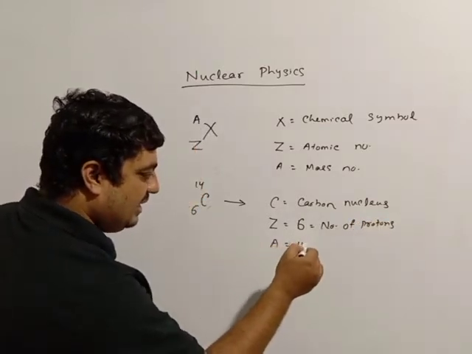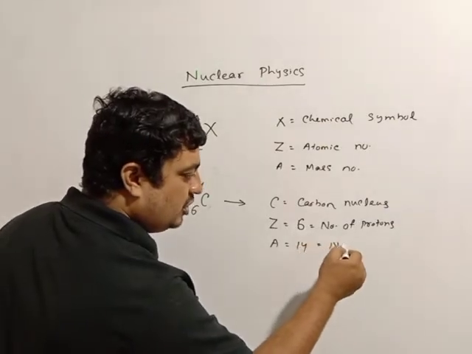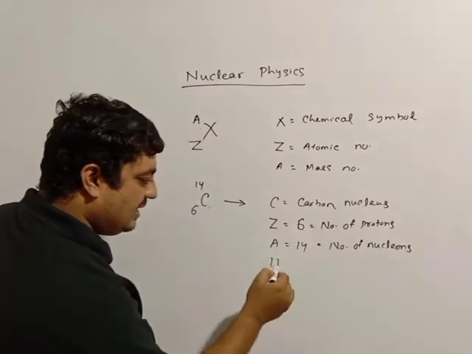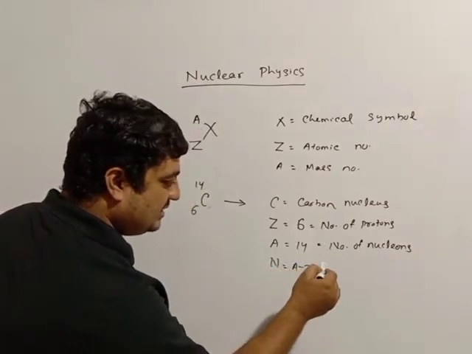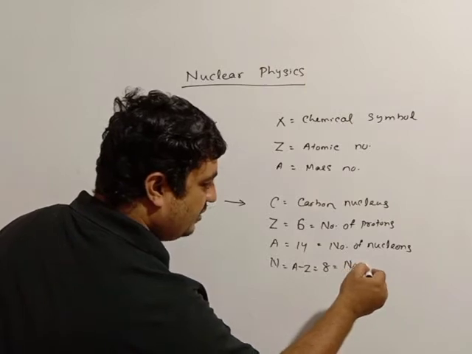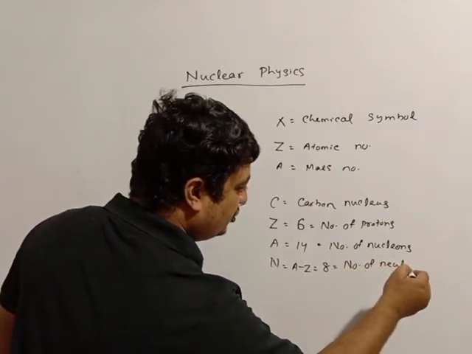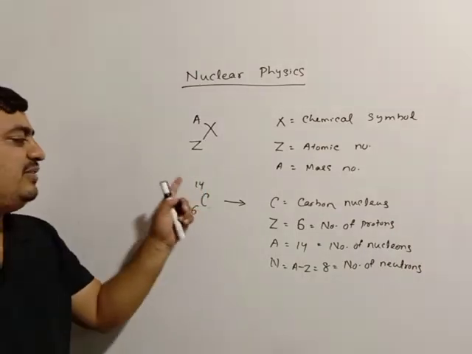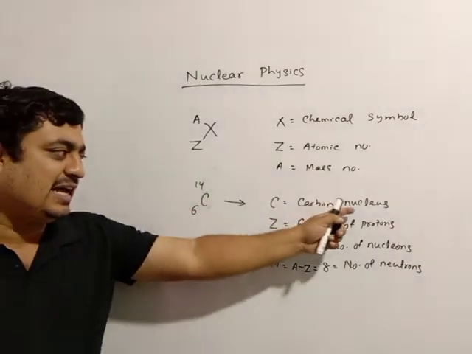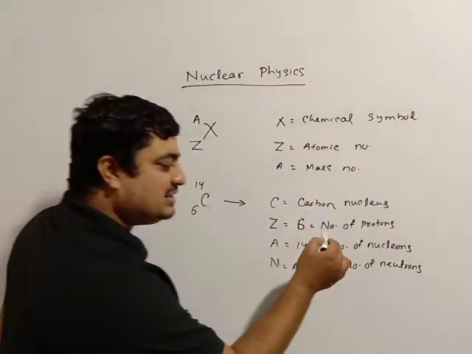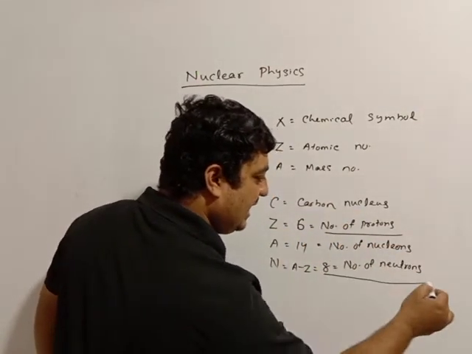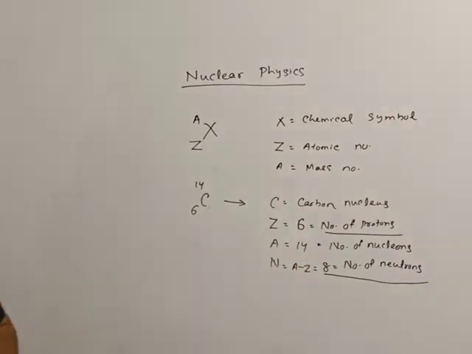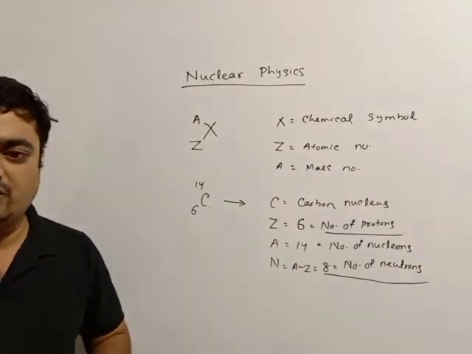Mass number A equals 14, that is the number of nucleons, and N equal to A minus Z is equal to 8, the number of neutrons. So this is the nuclide 6C14. It represents a carbon nucleus which has 6 protons and 8 neutrons. So the total number of nucleons will be 8 plus 6, that is equal to 14.